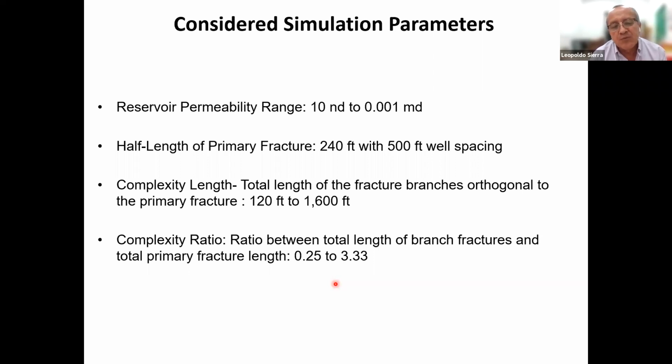So if we're using 240 feet of fracture length, our lateral well spacing needs to be 480 feet. But to avoid any problems in the simulation, we consider that the lateral spacing is 500 feet.